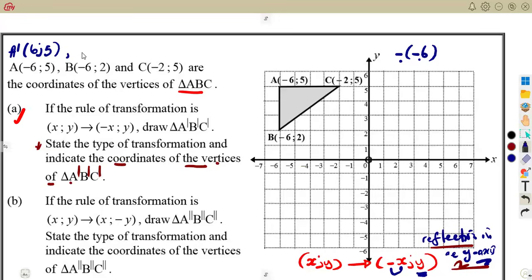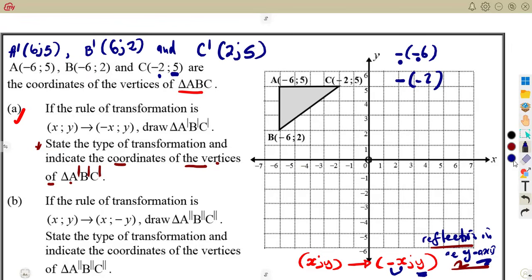You move on to another one, which is the image of B. Minus 6, just like what we had, minus times minus was going to give you a positive. But the y value is not affected. Remember, y is not affected. And you move on to the image of C, minus 2. It was a minus, so minus times minus, that's what? A positive. The y value is not affected.